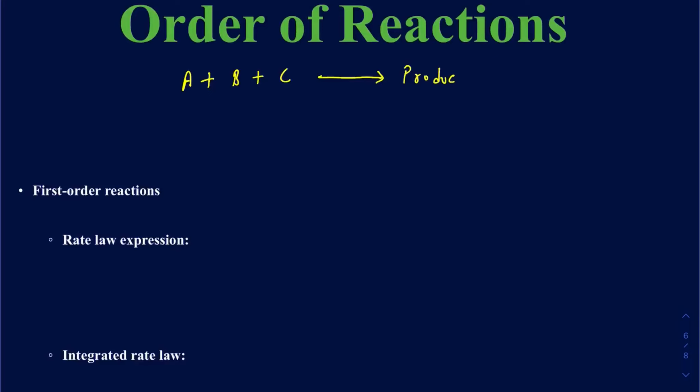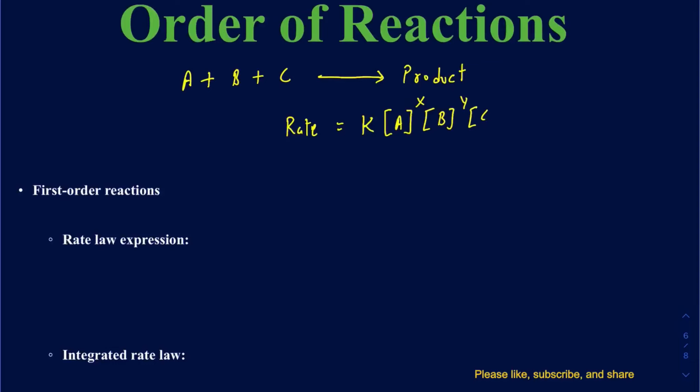Now, the reaction rate is going to be dependent on the concentration of A, the concentration of B, and the concentration of C. So I can go ahead and write down the rate is going to be some rate constant K, and then I have the concentration of A to the power X, and then I got concentration of B to the power Y, and then I got a concentration of C to the power Z. Now, this X, Y, Z could be any numbers. It could be positives, even fractions, and even negatives as well. But for the most part, you see those positive integers.